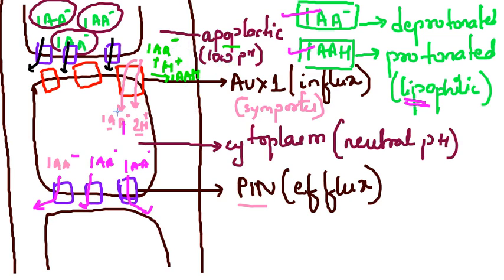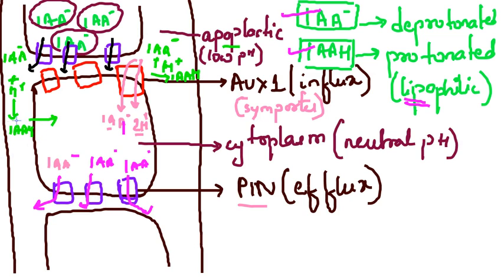Now these IAAH can take the entry into the cell. So IAA minus reacted with H plus to form IAAH.